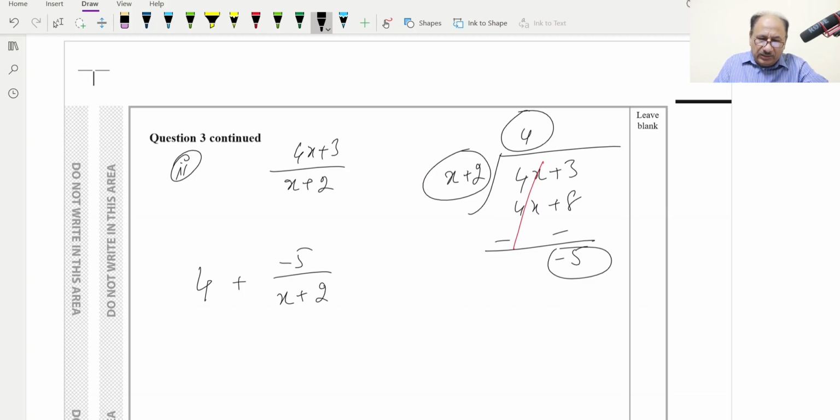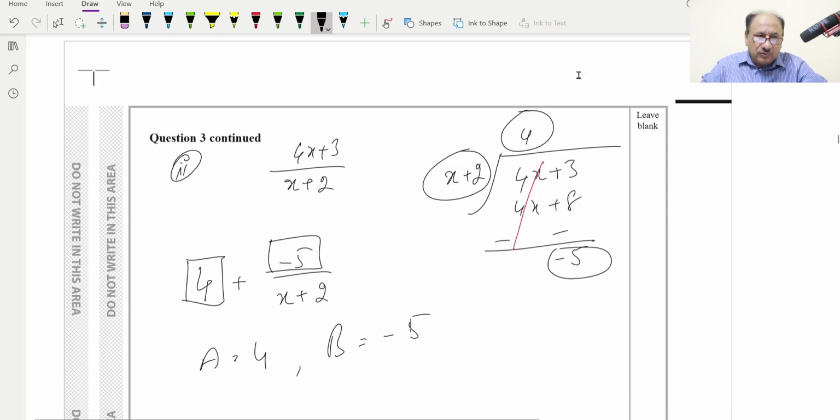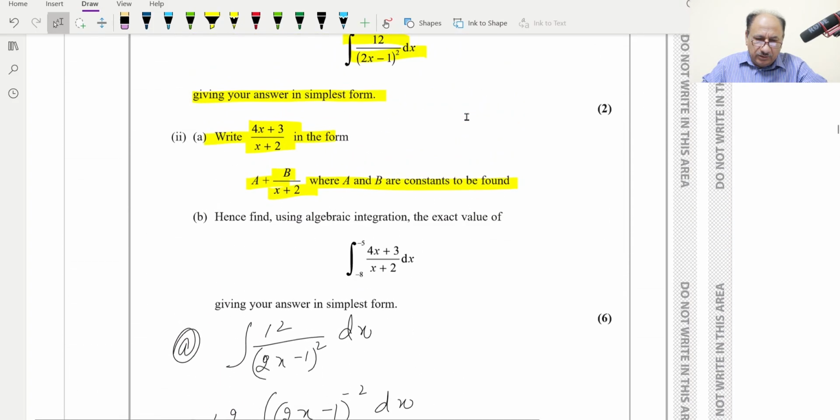So we can see a is equal to 4, and b is equal to minus 5. We have done the a and b values.